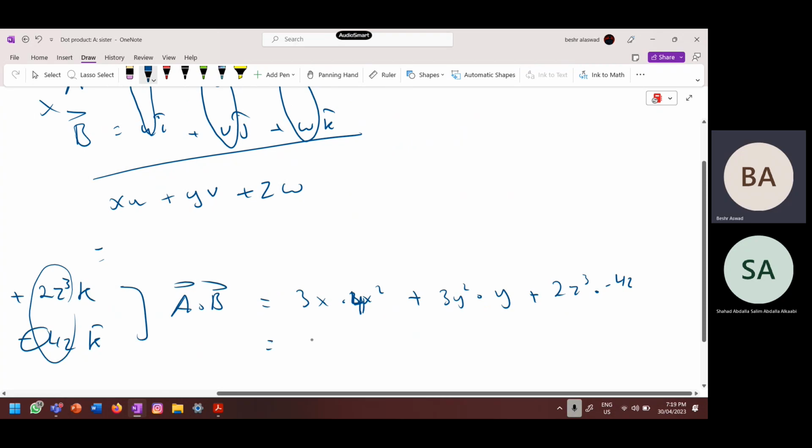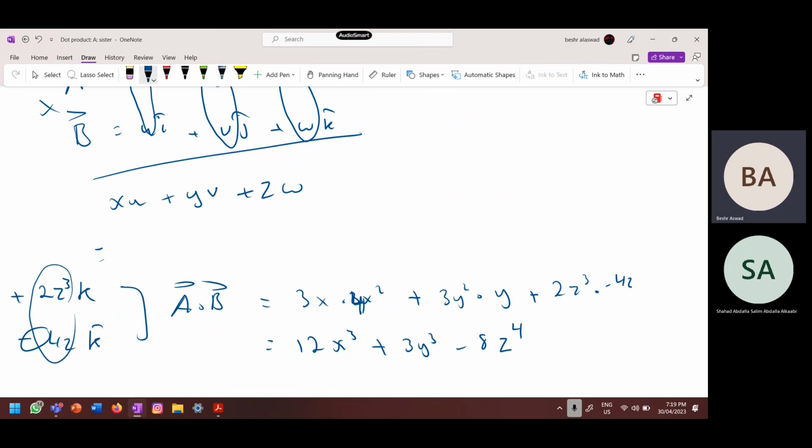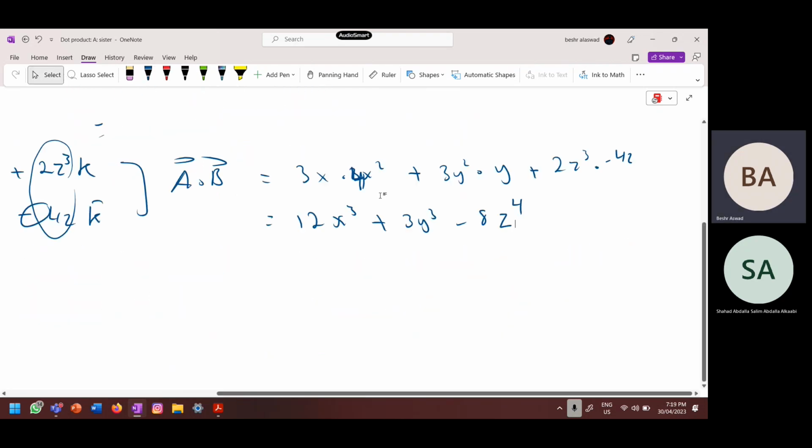This will be equal to 3 times 4 is 12, x times x squared is x cubed, plus 3y cubed, plus minus 8z to the power 4. You can do any example on this.